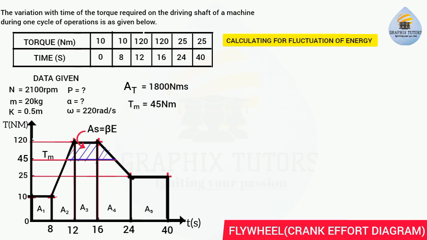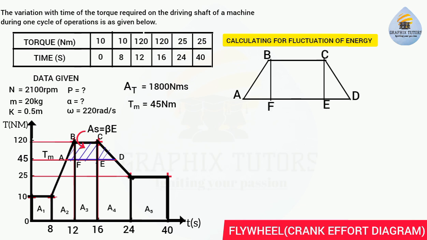Now I want to consider just this graph here. Let me name the points: let's say this is A, B, C, D, E, F, and G. Is that okay now?